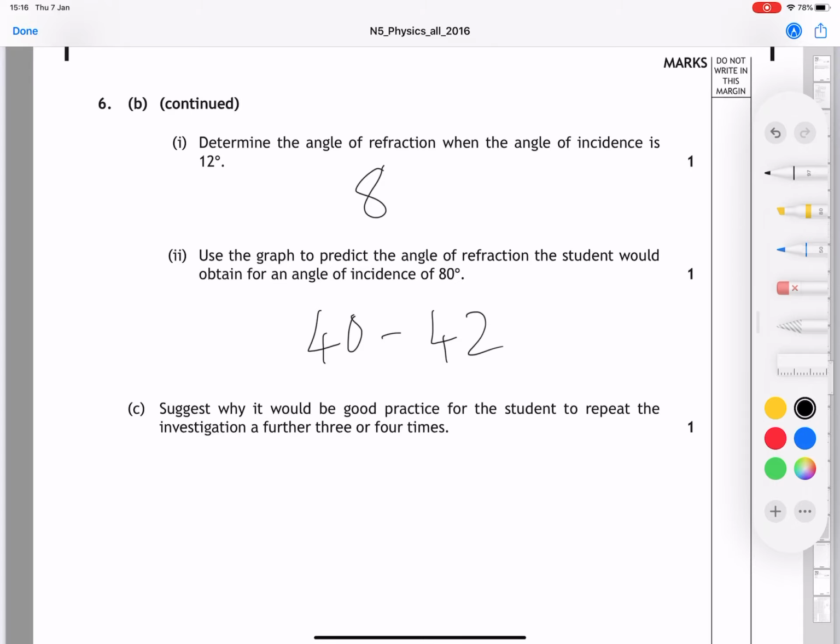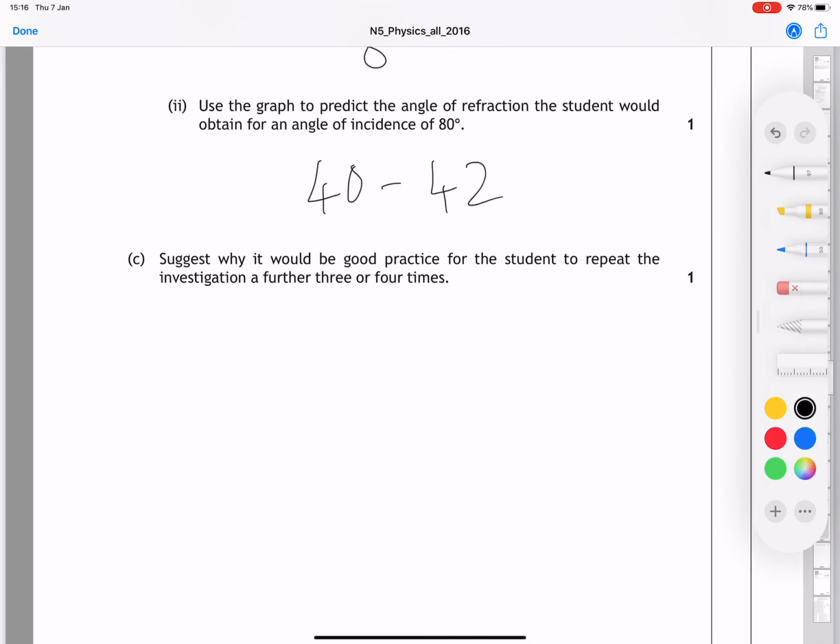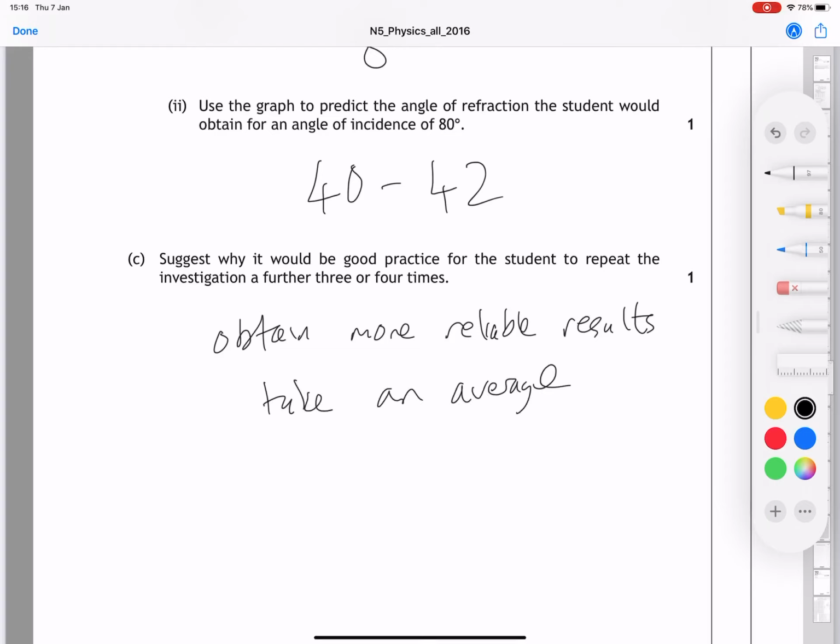And why do we repeat experiments? You should have been writing something along the lines of obtain more reliable results, or take an average. Could have written that.